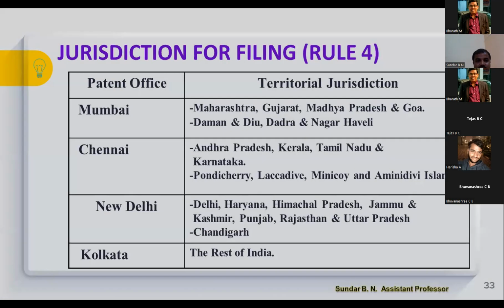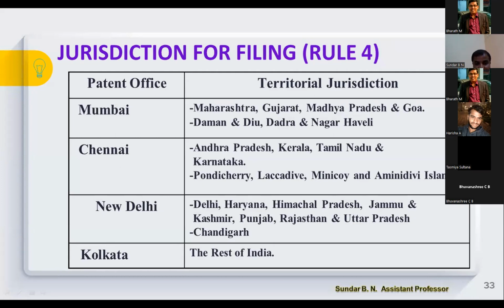Jurisdiction for filing a patent: you may be confused about where to go and how to file a patent. Zonal offices are there in Mumbai, Chennai, New Delhi. In the case of the Mumbai zonal office, the territorial jurisdictions are Maharashtra, Gujarat, Madhya Pradesh, Goa, Diu and Daman, Dadra and Nagar Haveli.